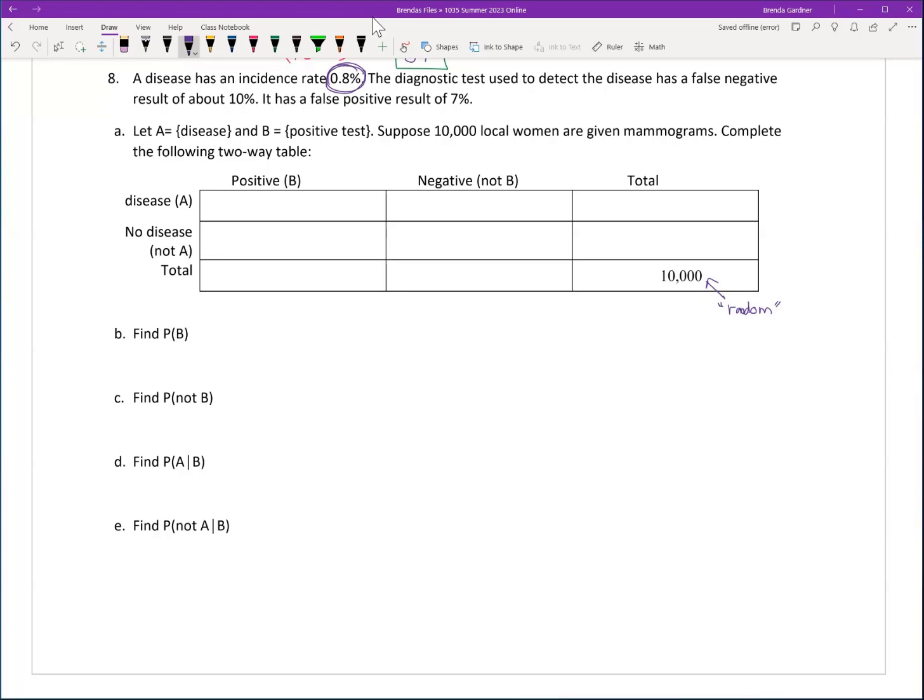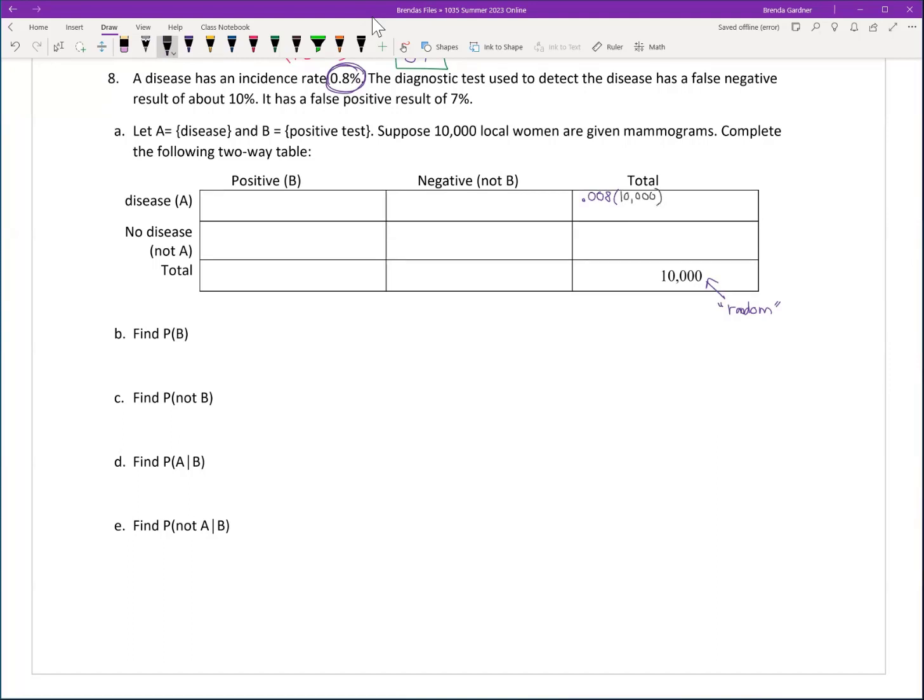Once I've chosen what that random total is going to be, if the incidence rate is 0.8%, that means 0.8% of the population randomly has this disease. To calculate a number for that, I'm going to take 0.8%, which is 0.008 written as a decimal instead of a percent, and multiply it by the total, that random number in the bottom right-hand corner.